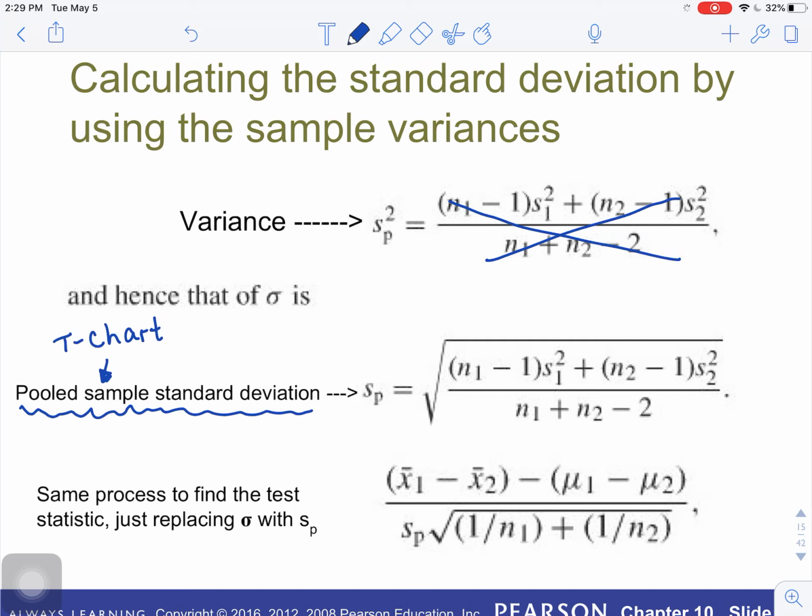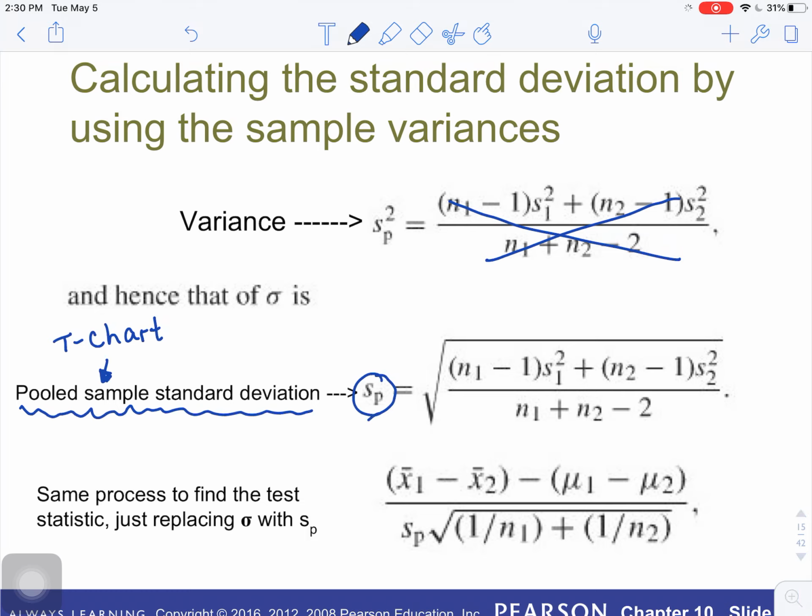Okay, and you have a very large equation to find your pooled sample. This is going to be very important when we're calculating the values of our data as to whether we are going to accept or reject our null hypothesis.